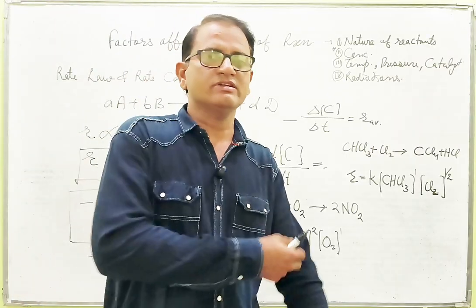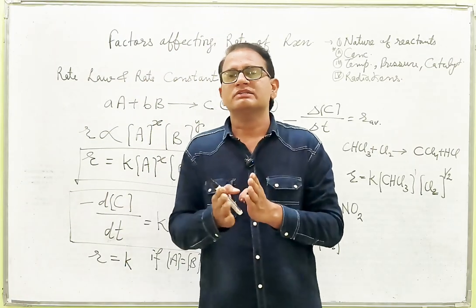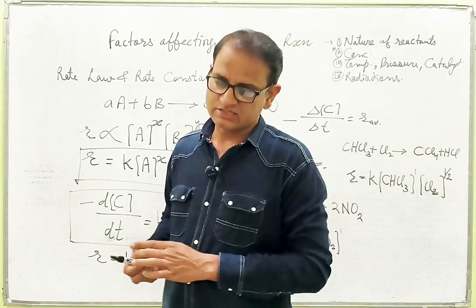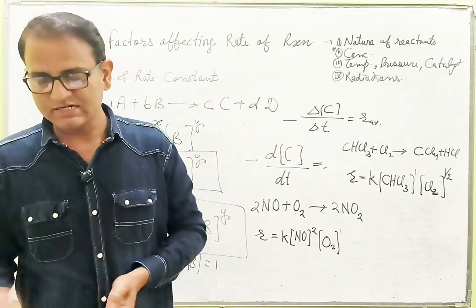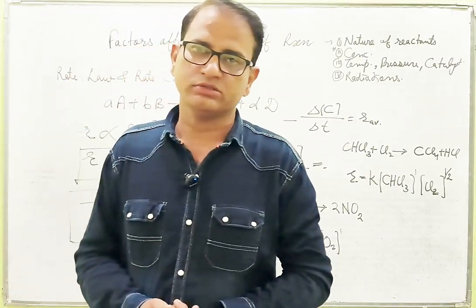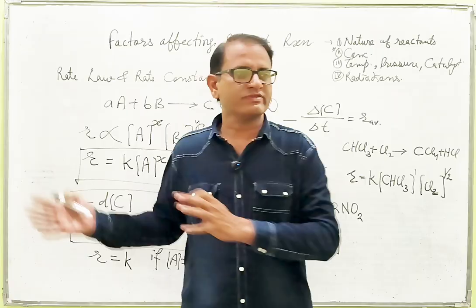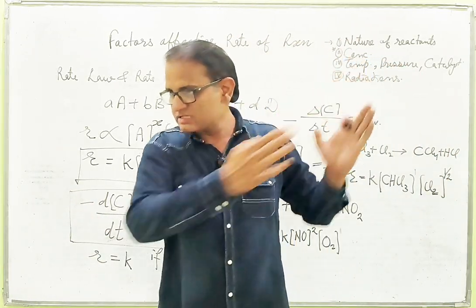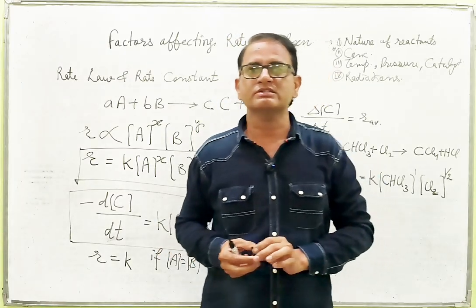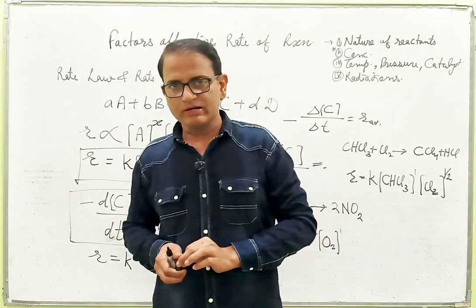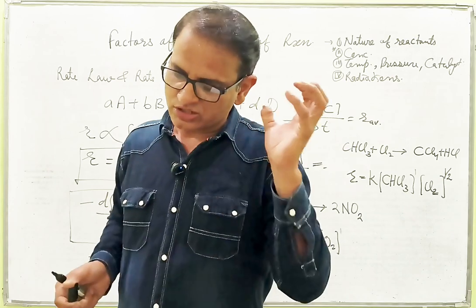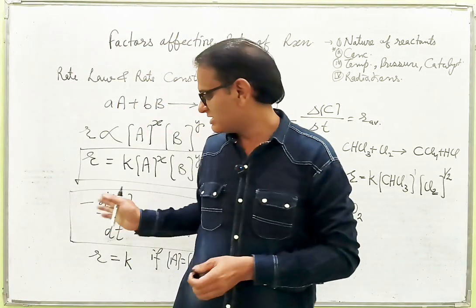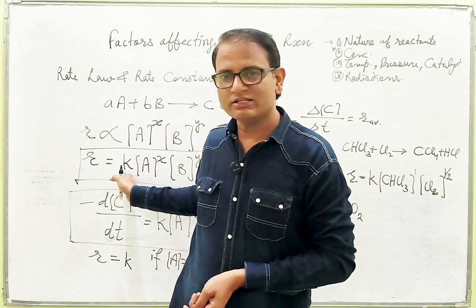So we can differentiate between rate of reaction and rate constant. Rate of reaction is the speed at which the reactants are converting into products, meaning how fast the reaction is happening. But the rate constant is the constant of proportionality in the rate law.